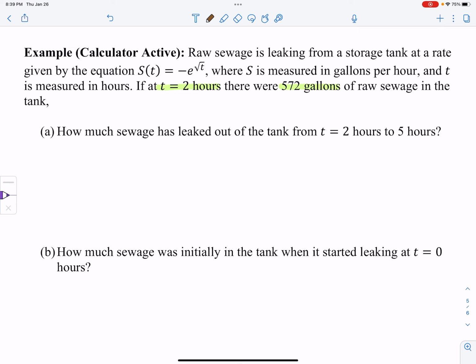So that means we want to calculate the net change in gallons of sewage from 2 to 5 hours. So we are going to integrate s of t. And you do not know how to integrate that yet, so you're going to type it into your calculator, and we'll get an approximation.